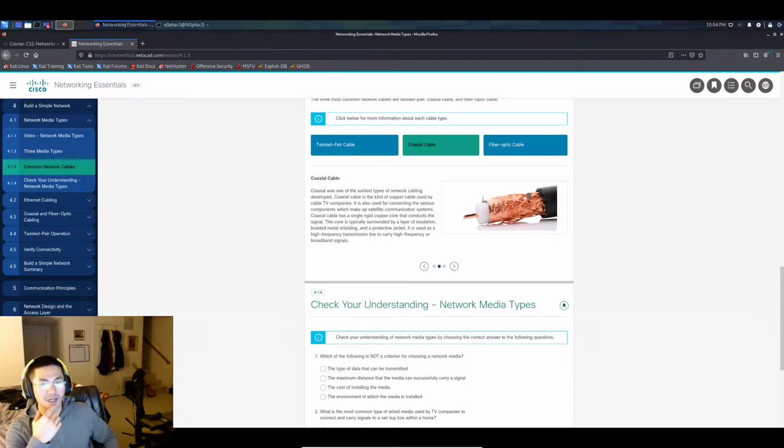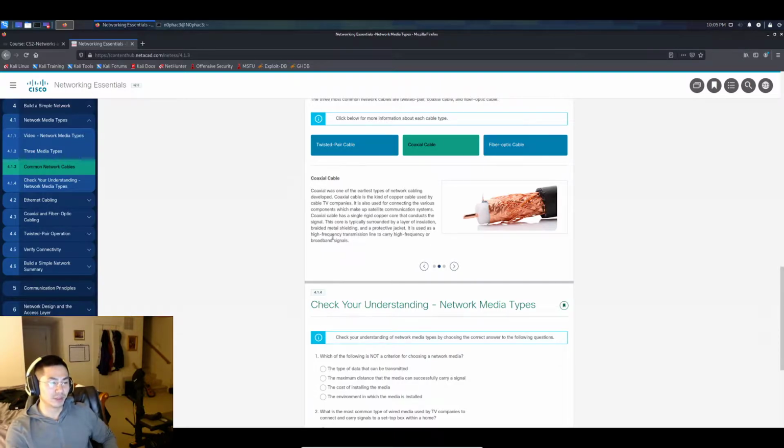I had DSL and we had that DSL modem coaxialed up. And it's basically just copper. It's a single rigid copper core that conducts the signal. The core is typically surrounded by a layer of insulation, braided metal shielding, and a protective jacket.